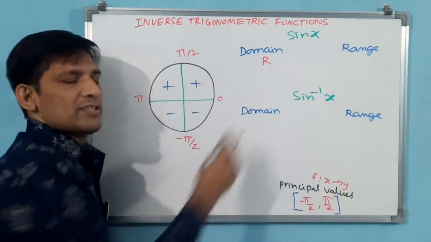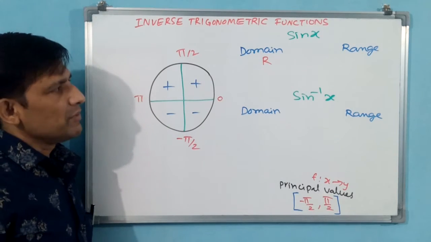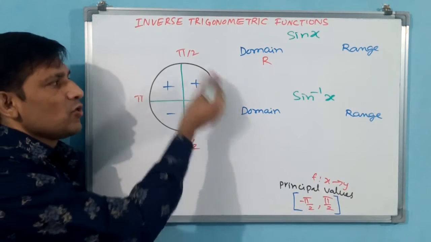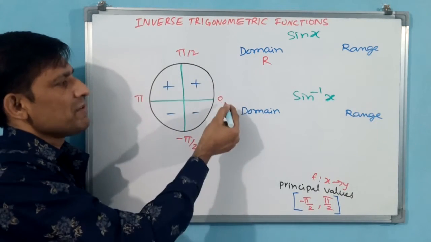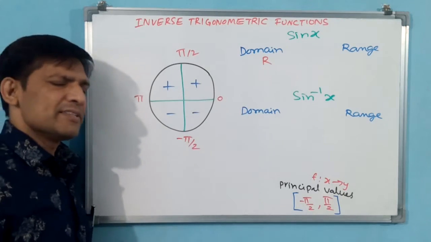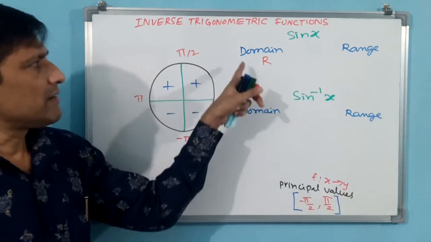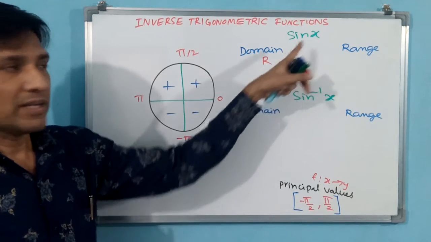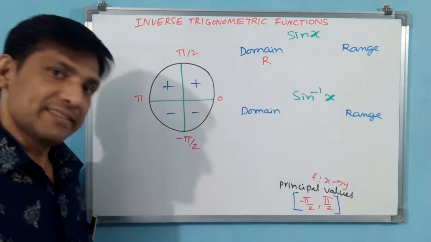Domain is input, range is output. Here 0, 360 also you can give, 720 also, 1080 also, like that any angle you can give. That is why the domain is R for sin x.